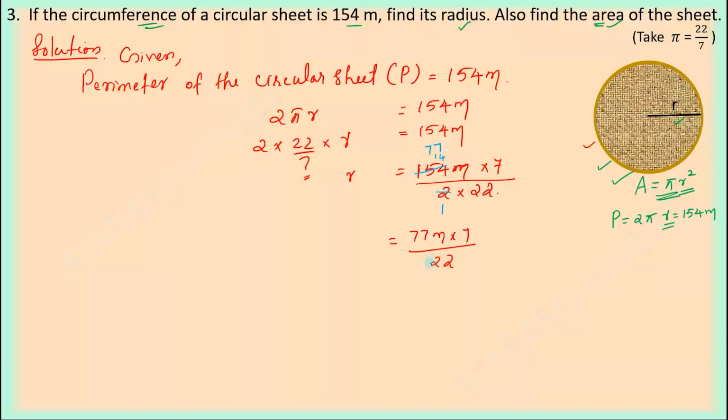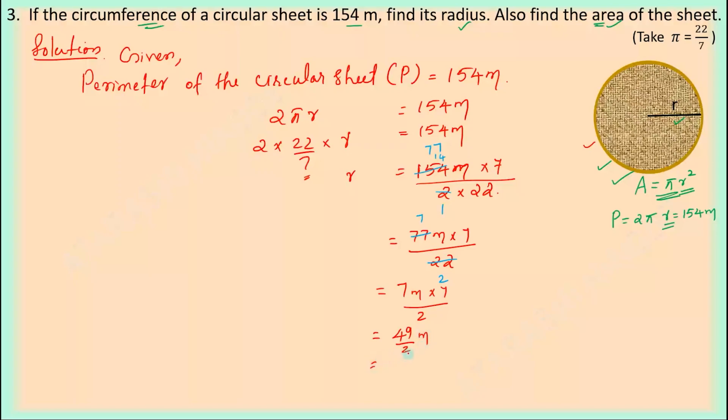Now we can divide 22 and 77 by 11. 22 divided by 11 is 2. 77 divided by 11 is 7. So this becomes 7 meter into 7 divided by 2. That is equal to 7 sevens are 49 divided by 2 meter.